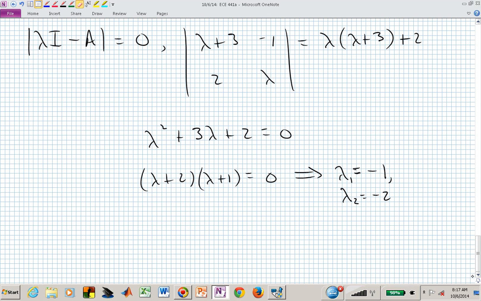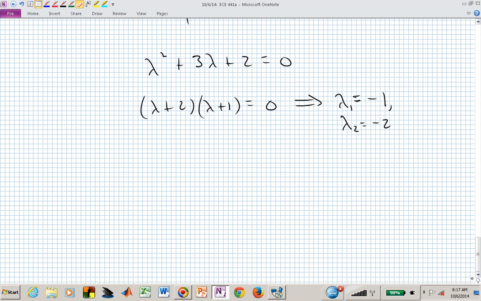The nice thing about that is that now it tells us how our system will shake or move when we excite it, or that provides us with these modes. What do I mean by modes?